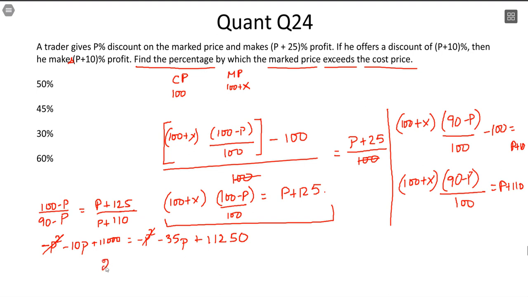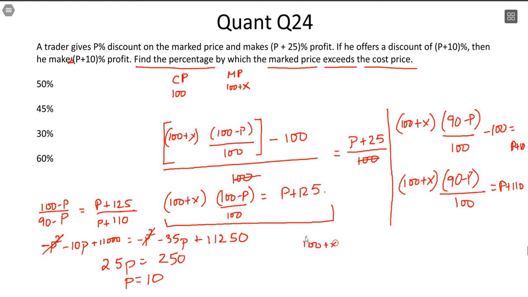Okay, so I get 25P is equal to 250, or P is equal to 10.